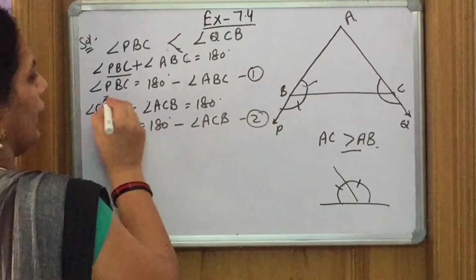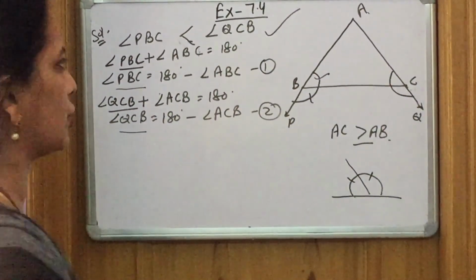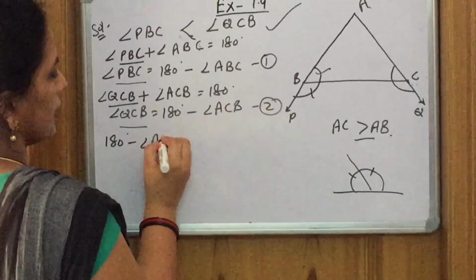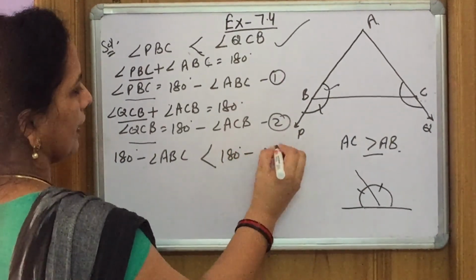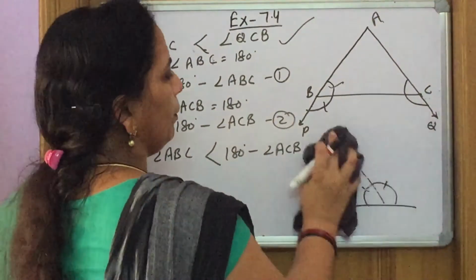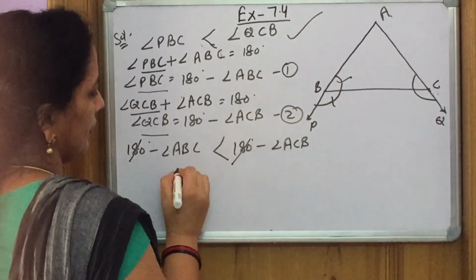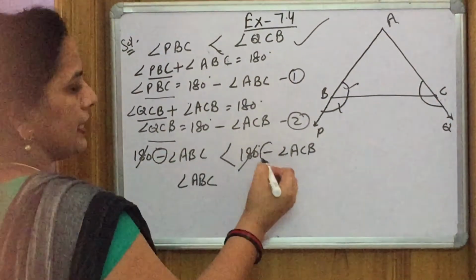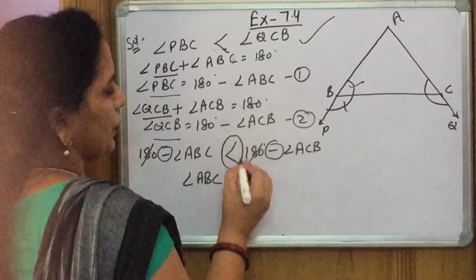Now put the values of angle PBC and QCB in the main condition which is given in the question. So here we get 180 minus ABC less than 180 minus angle ACB. We can cancel 180 from both sides. Then if we cancel the negative sign from both sides, then this sign will be changed.